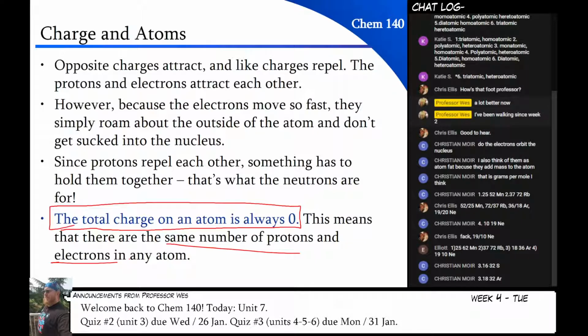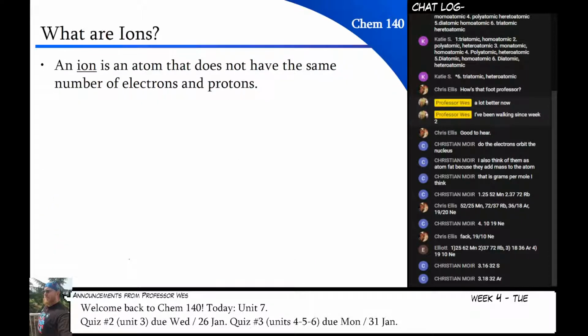So the total charge on an atom must equal 0. If it is not 0, then we get an ion. Ions are the result when you have different numbers of electrons than there are protons. Remember that we can only really manipulate the number of electrons easily. It is very difficult to manipulate the number of protons.